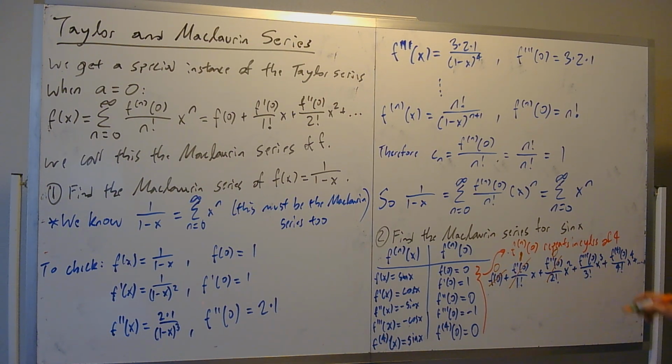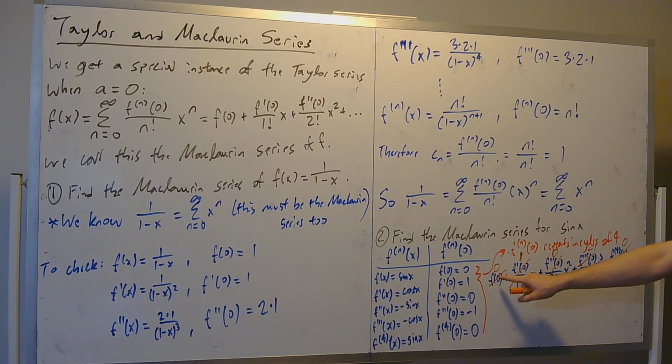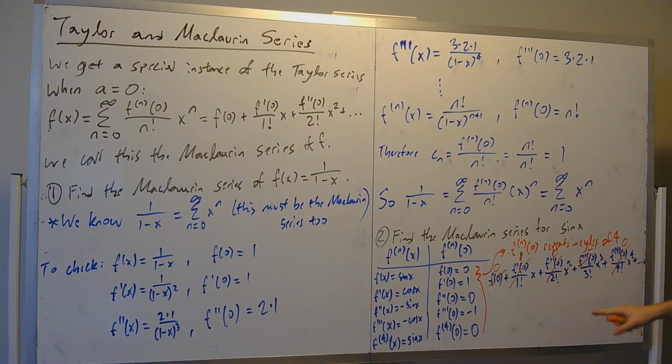F triple prime of 0, we said that was -1. And f to the fourth of 0, we said that was 0. So if we just go ahead and collapse everything, all the zeros go away, and we can just rewrite these things as 1 and -1.